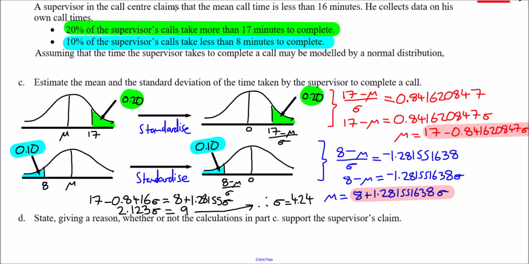So I plug this in as my answer. I can now sub this into one of the original equations for mu. So therefore mu, picking this one here, will be 8 plus 1.28 times by this 4.24.